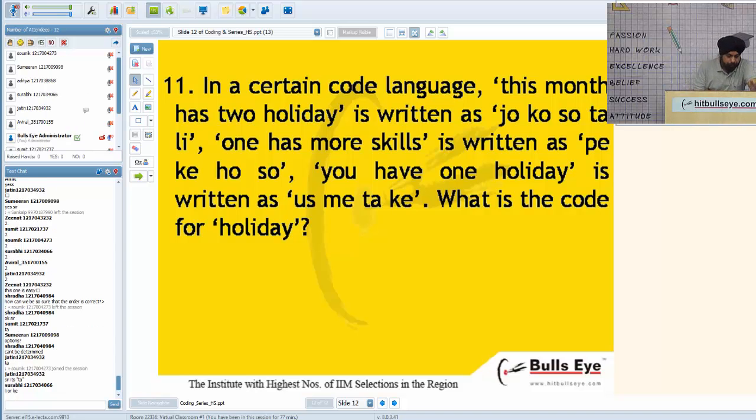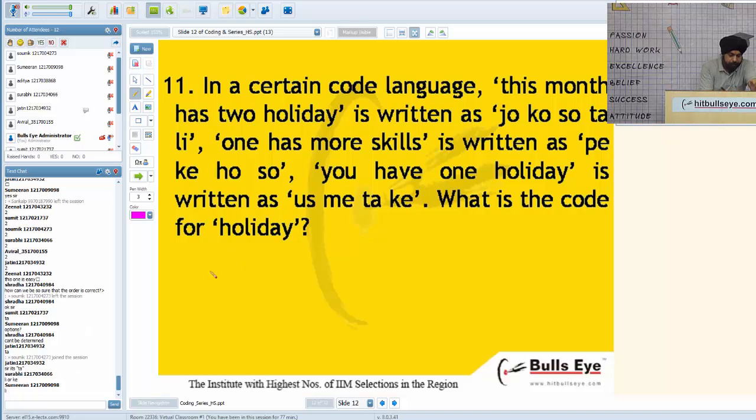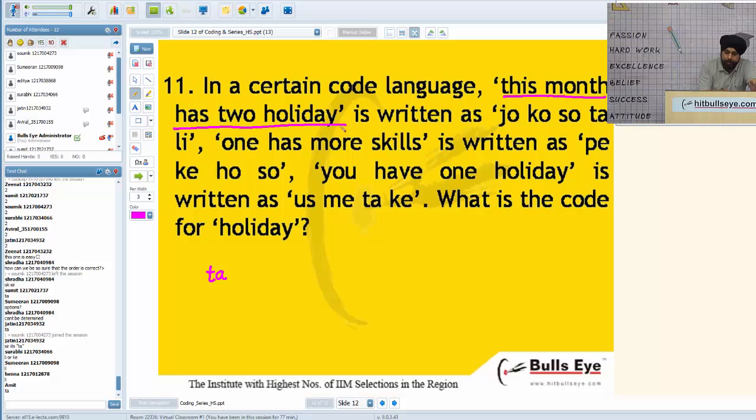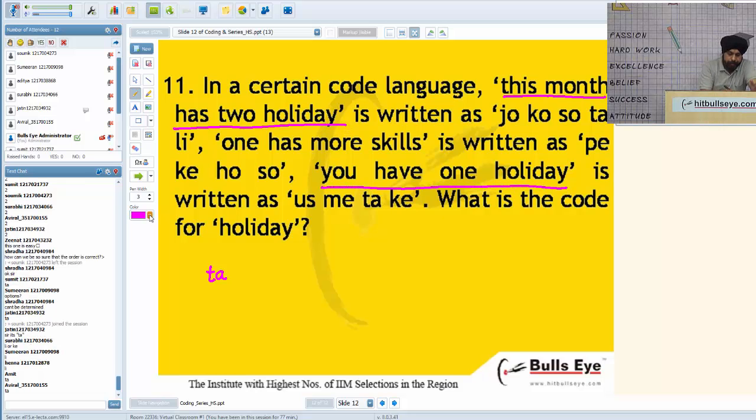Should we check carefully? Most of you have answered it to be letter TA, that is star, and that is true. Just see, this month has 2 holidays and you have 1 holiday. These 2 sentences have only one word common, that is holiday, right? And see their codes, Jo ko so tali and asme take.